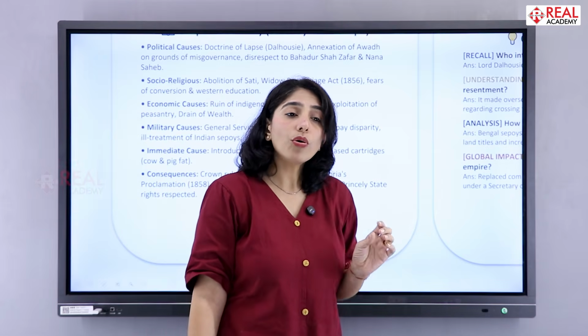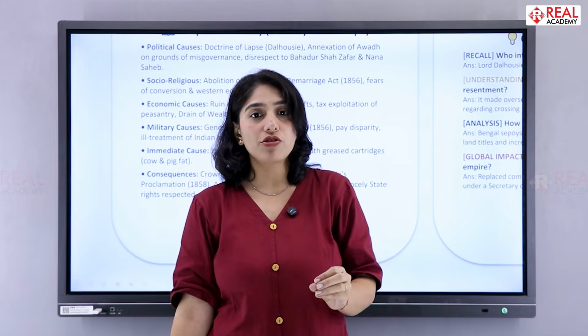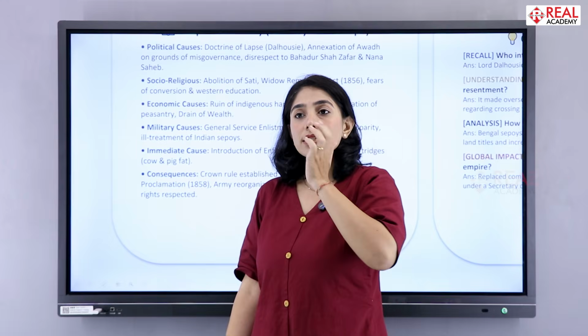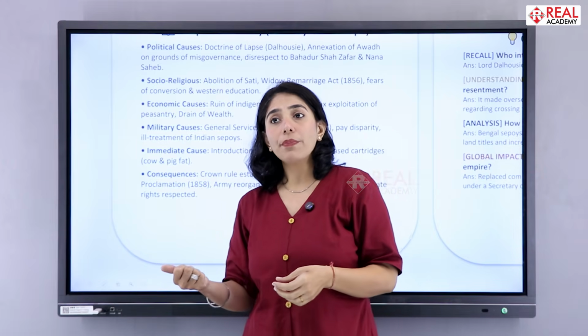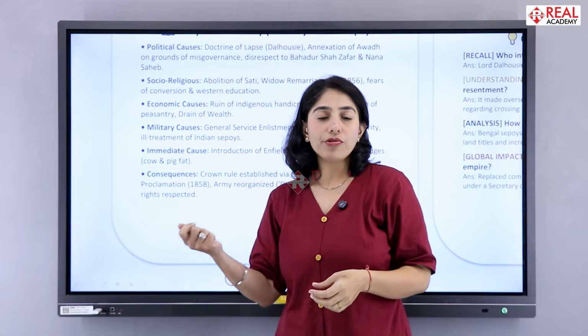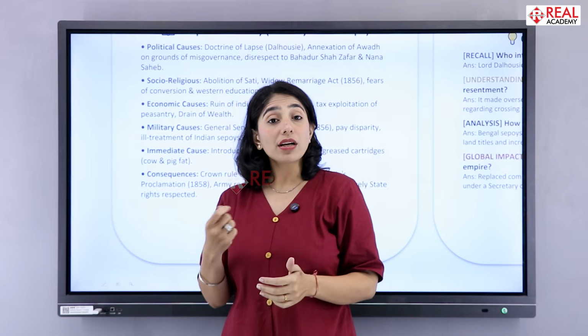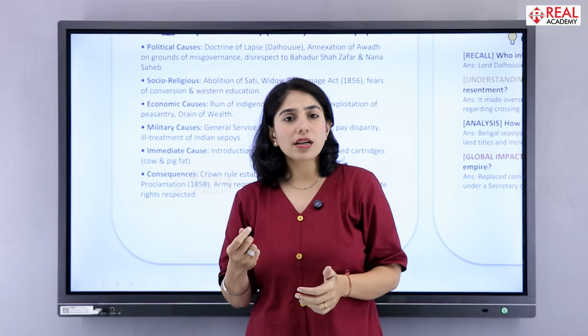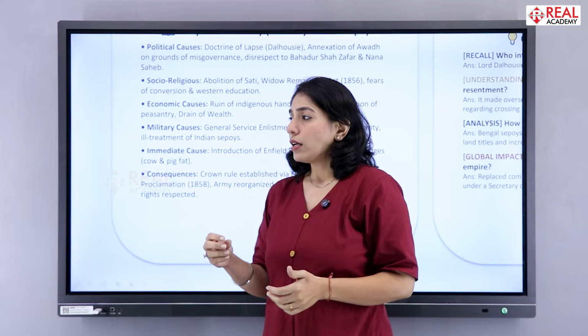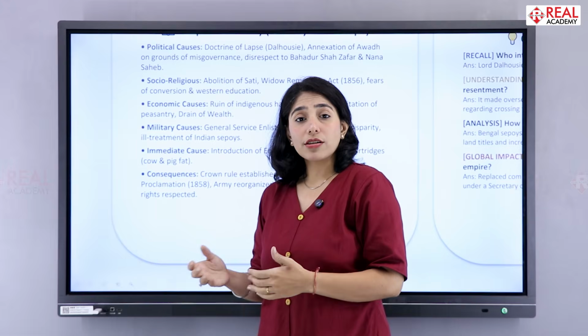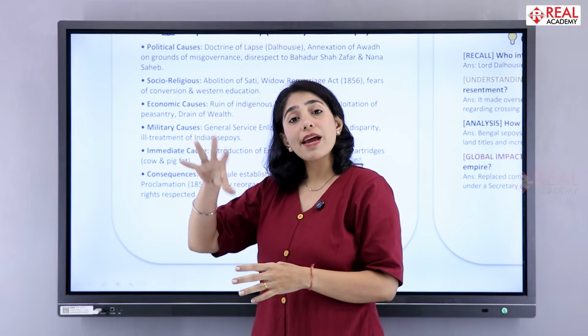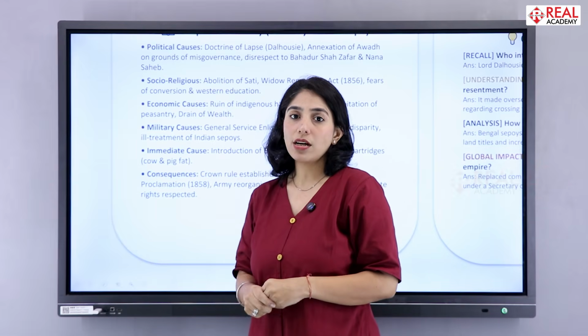The immediate cause for you all in your upgraded syllabus. For this year, for the immediate cause, you only have how it came up to be a cause of the revolt of 1857, where Mangal Pandey started with a kind of small military revolt, a mutiny, but later, slowly, gradually, the fire spread to different parts of the country.